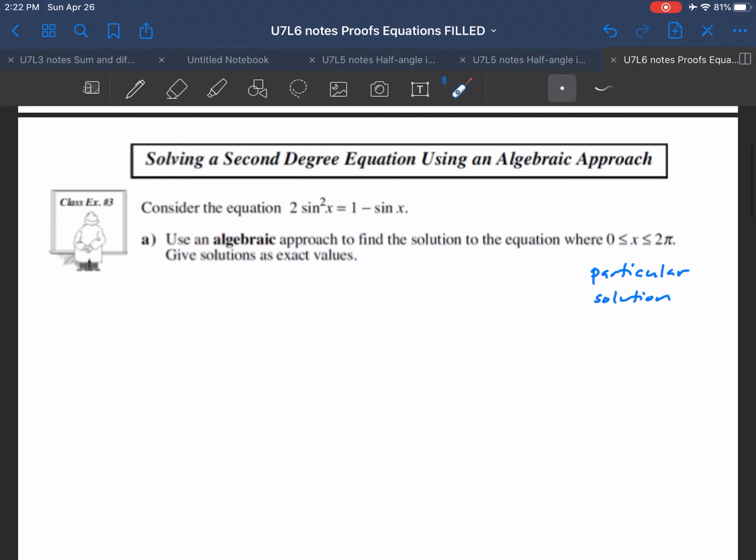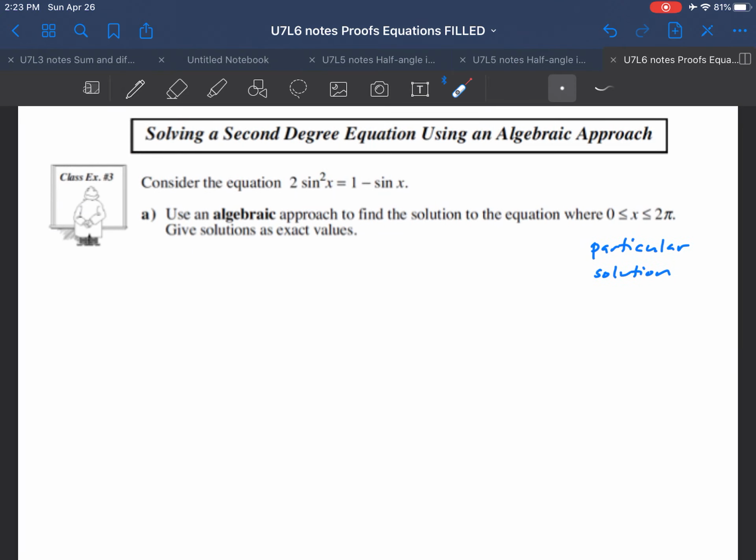All right. So let's see here. If you remember from before, we like the same argument in our trig equations. So we have x here, and we like the same trig function. So we have sine squared x and sine x here. That's nice.